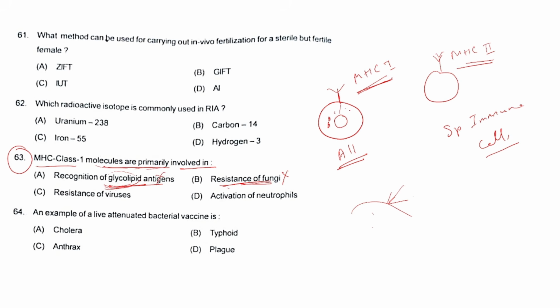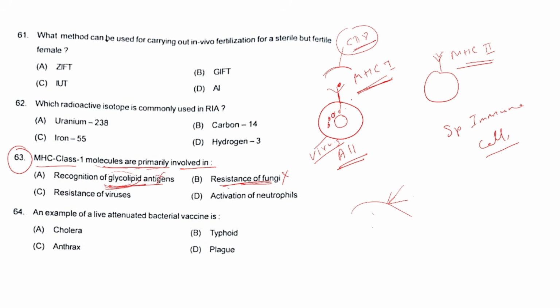Suppose there is some problem in this cell, some infection by a virus. Some virus has infected this cell. An intracellular antigen will be represented here by MHC1, and this will be recognized by cytotoxic killer cells, that is the CD8 cell.